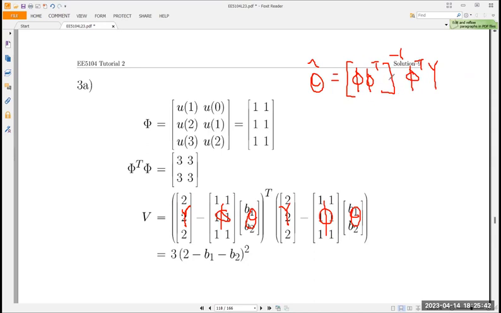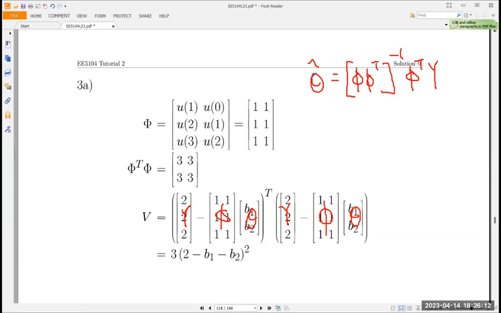That is, if you can do an inverse of this, then you can solve for your B1, B2, your theta hat. But phi transpose phi for our question is 3, 3, 3, 3. You will find that you cannot invert it, which means you cannot solve for theta.